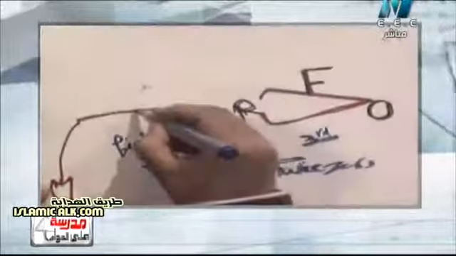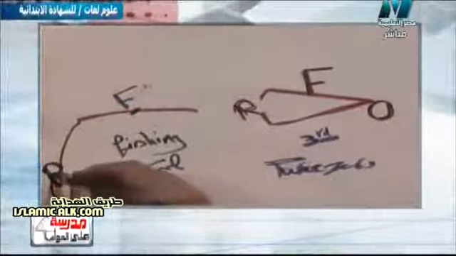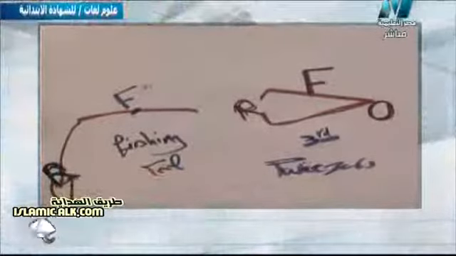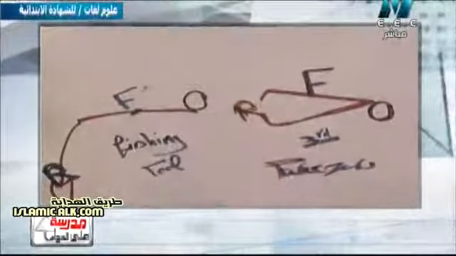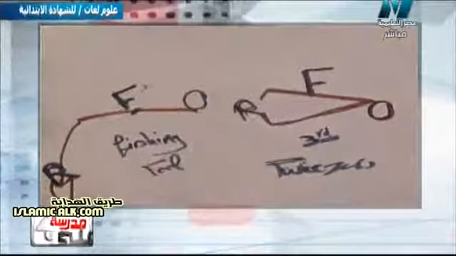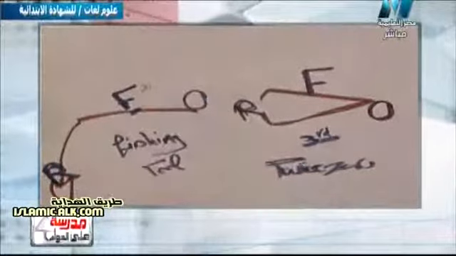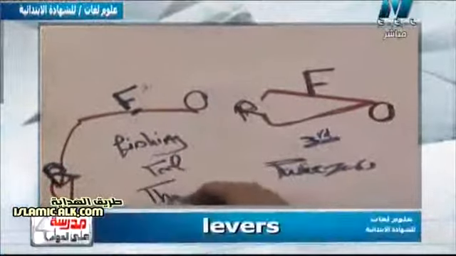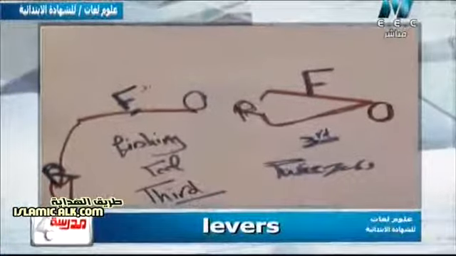I will hold from this point, so here is the effort force. Here is the resistance, at the fish, the thing that will be acted on. Here is the fulcrum, the place of movement. So here I have the effort force between the fulcrum and the resistance. So it will be the third type of lever.